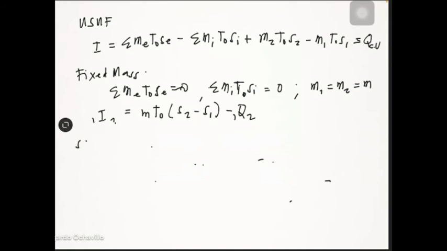So here we have the delta of your entropy over dt inside your control volume.